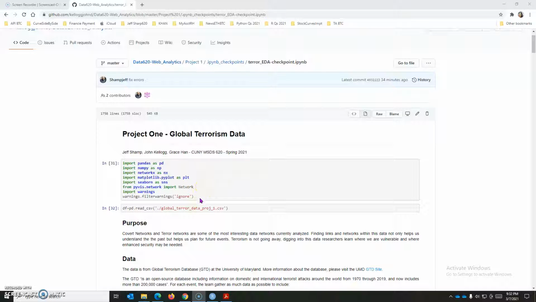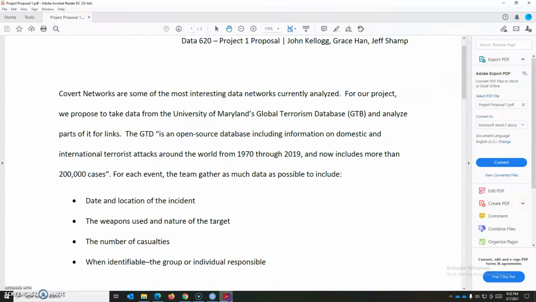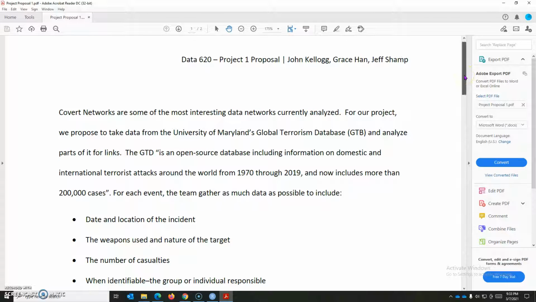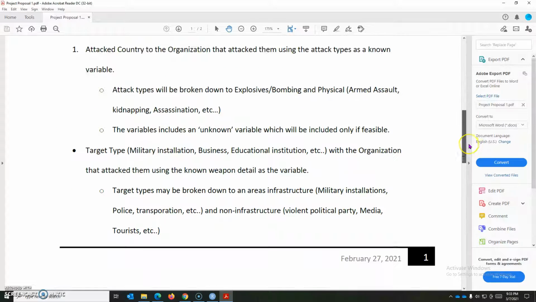We are presenting the NetworkX visualization and analysis using the global terrorism data. The global terrorism data is an open source database from the University of Maryland. It contains all the terrorism data globally in the past 50 years. It's fairly large, containing more than 200,000 cases.